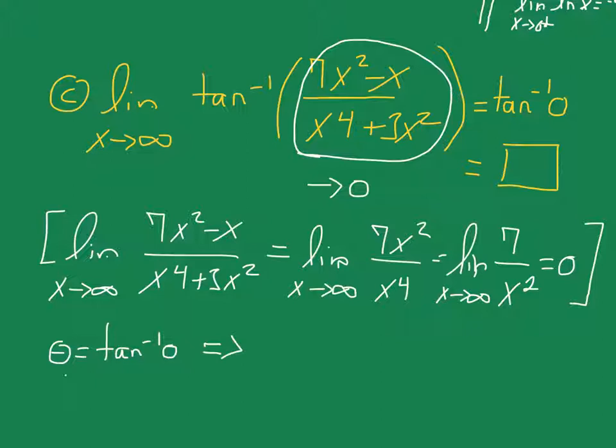Well, theta is tan inverse 0 if and only if tan theta is equal to 0. But remember that the inverse tan function is the inverse of the restricted tan function, where our values of theta are restricted between minus pi by 2 and pi by 2.